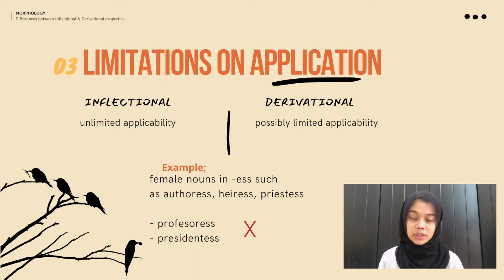For example, English has female nouns in -ess, such as waitress, authoress, heiress, priestess, but it is not possible to say professoress to describe a female professor, or presidentess to describe a female president, even though these make perfect sense semantically.